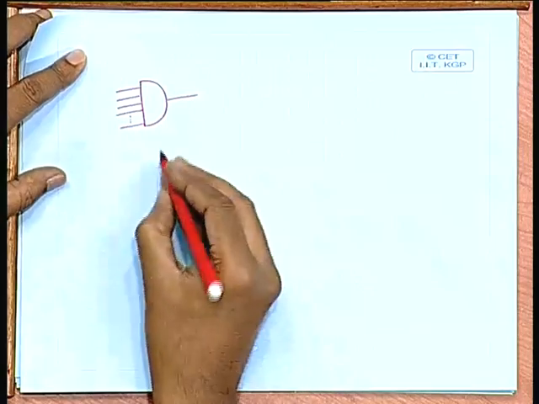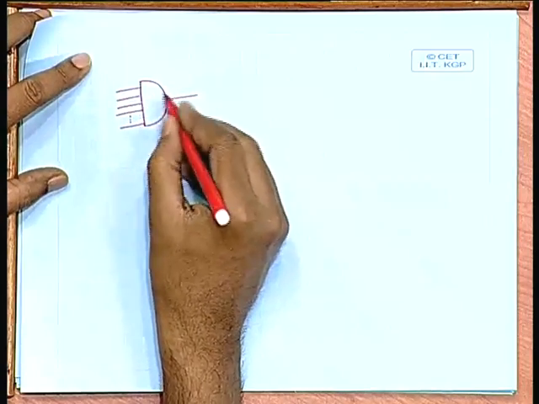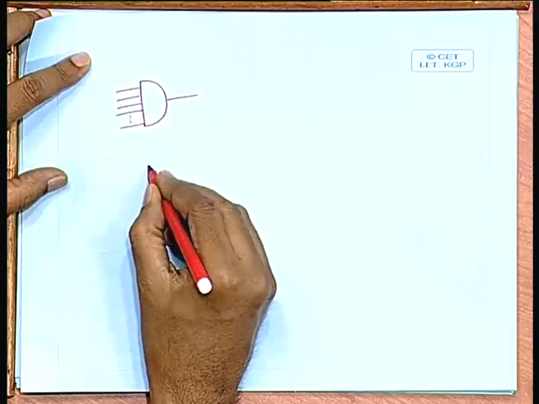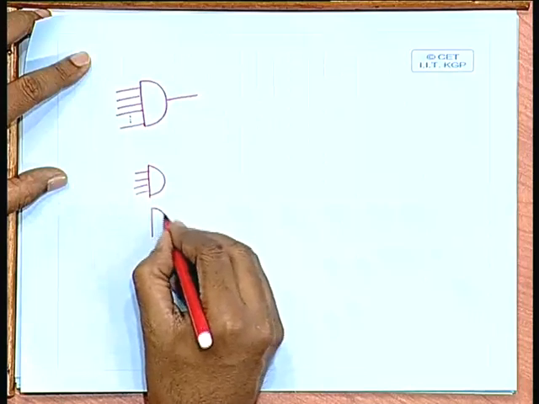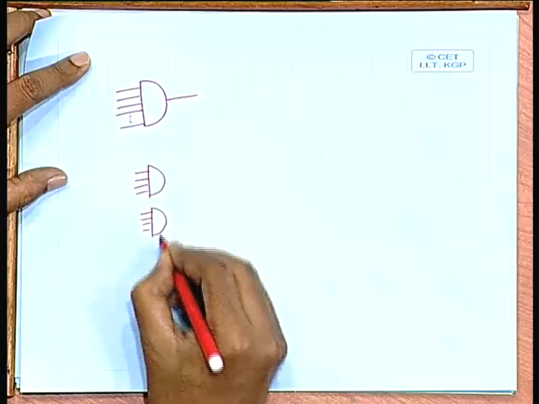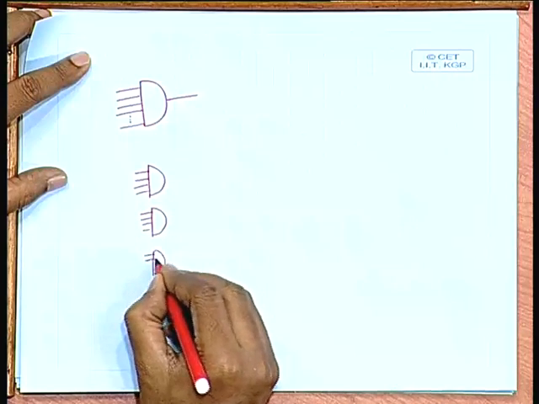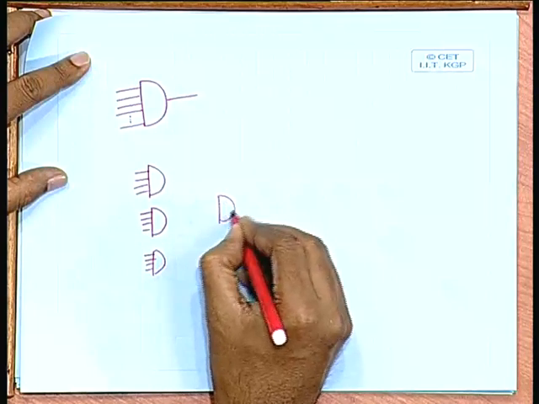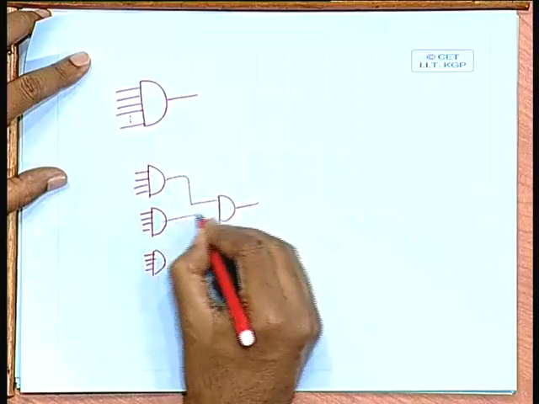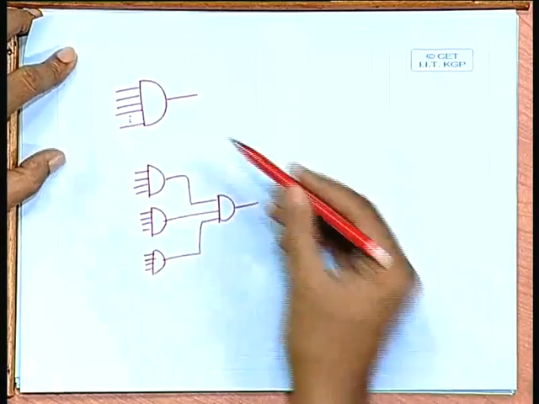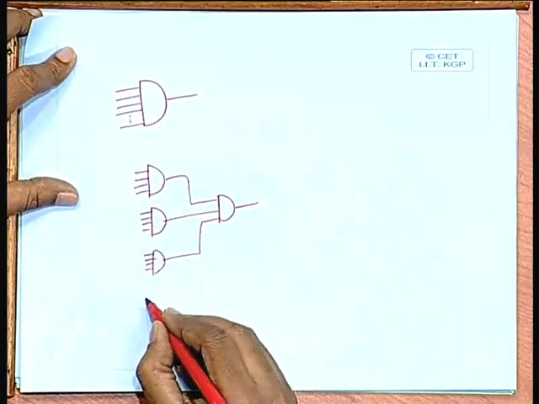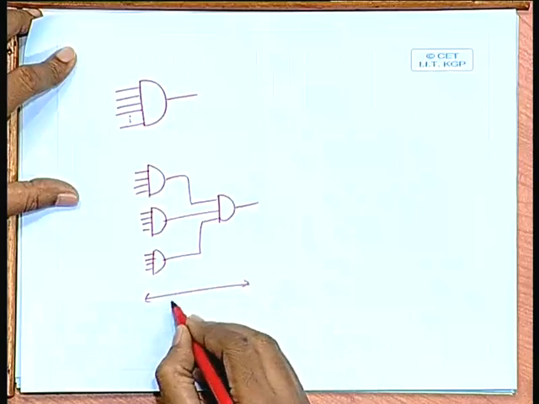Instead of having one AND gate with a large number of inputs, you may possibly break it up into several smaller AND gates. But you may argue that if I do this, I am increasing the number of levels.